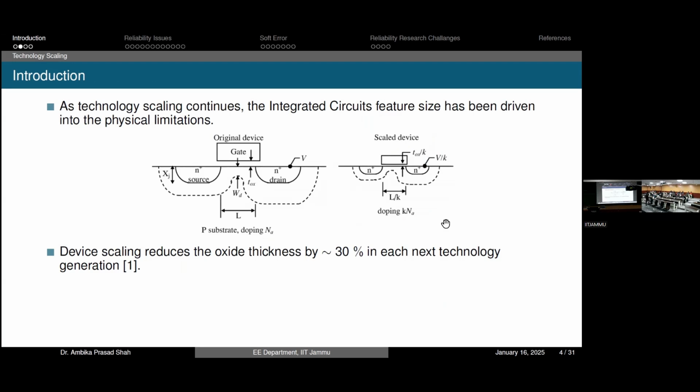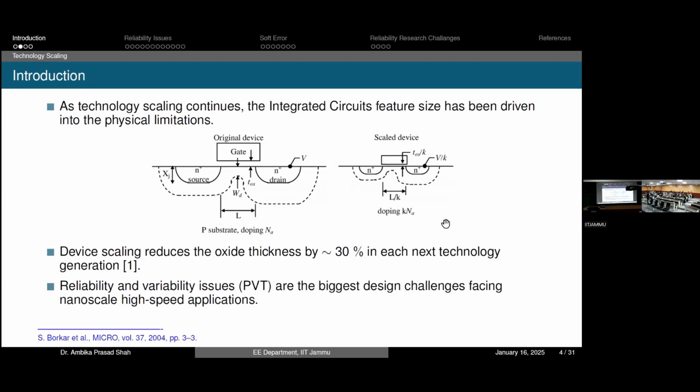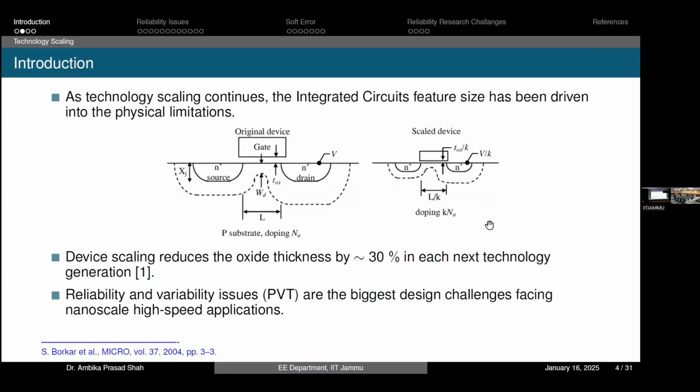Now here is the question: if the oxide thickness in each next technology generation is reducing by 30%, definitely reliability is important here. Okay. So with these technologies, the reliability and variability issues play a major role. They start dominating the performance, and then we have to take care of how to maintain the reliability, how to get more reliable circuits, or how to make process variation tolerant circuits.